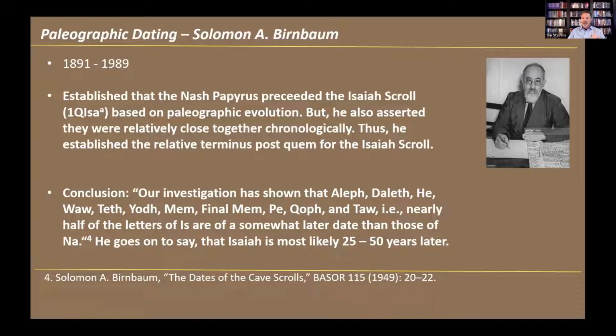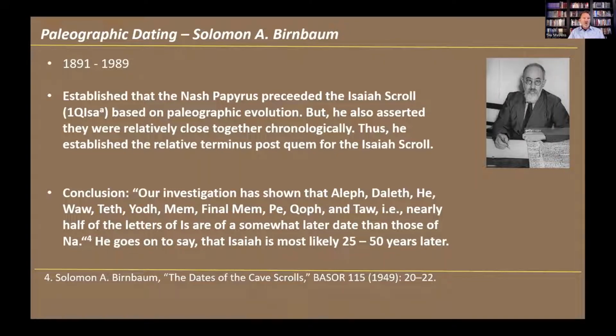But he also asserted that even though the Nash papyrus preceded the Isaiah scroll, that they were very close together chronologically. Thus, he established the relative terminus post quem for the Isaiah scroll, the earliest point that it could be.